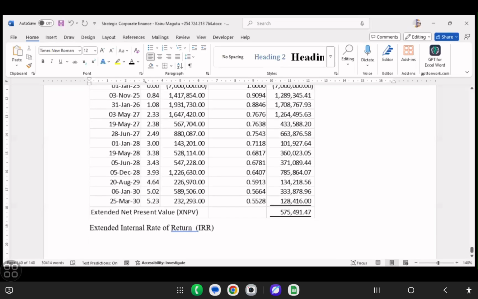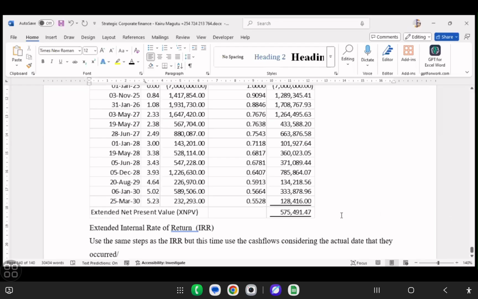We say use the same steps as the IRR, but this time use the cash flows considering the actual date that they occurred.